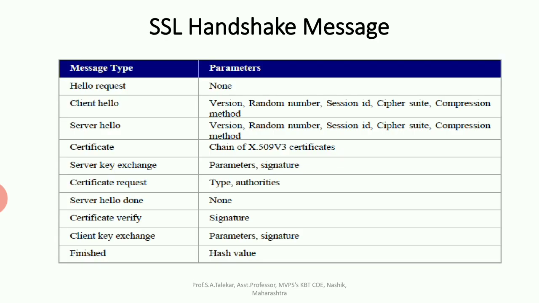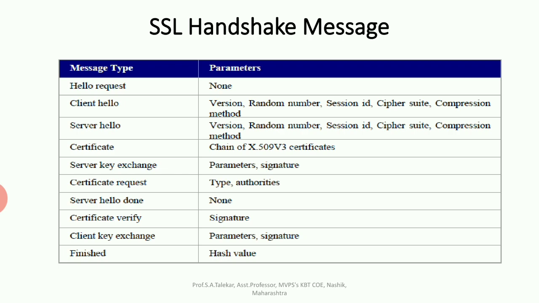Before that, what are the different messages involved in the SSL handshake? The different message types are here. Hello request, the parameters for this message type are none. Then client hello, where the fields involved are version, random number, session ID, cipher suite, and compression method. Then server hello: the SSL version, random number, session ID, again cipher suite, and which compression method is used.